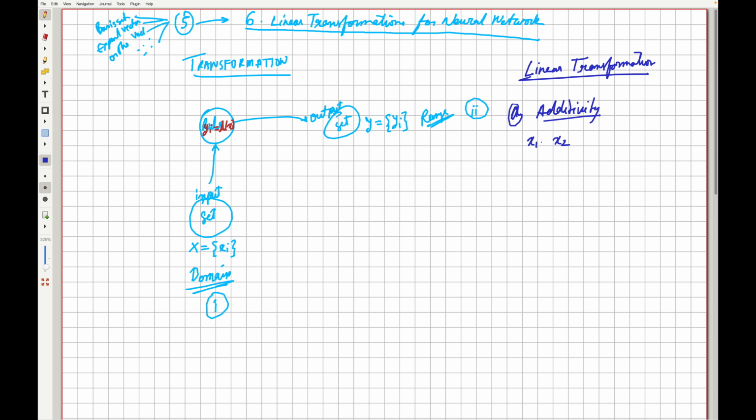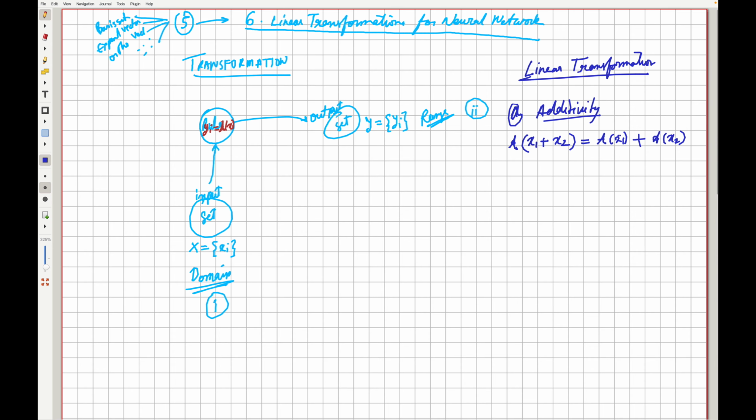If we add them and then apply some rule A to this sum of these two vectors, it is the same thing as applying the rule A to each of these vectors first and then adding them together.